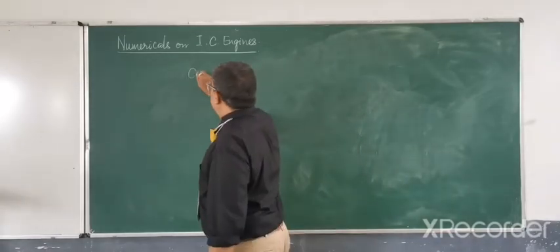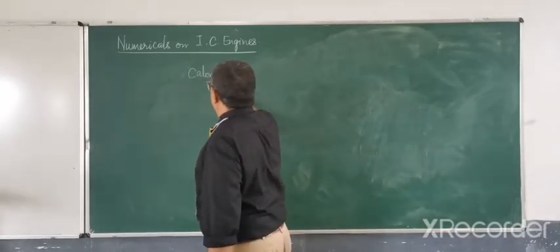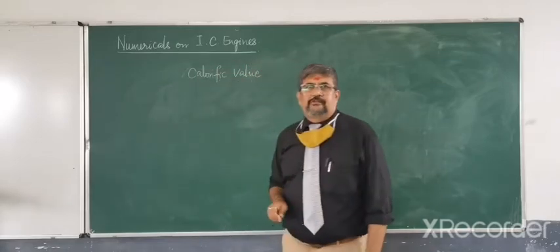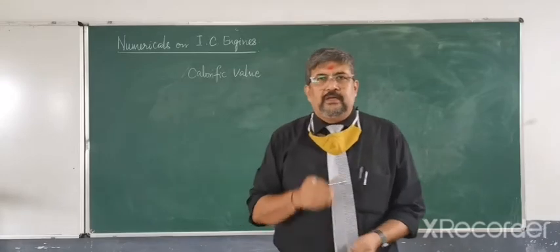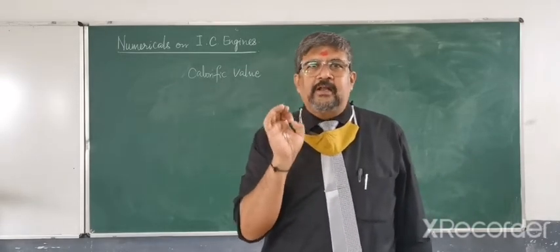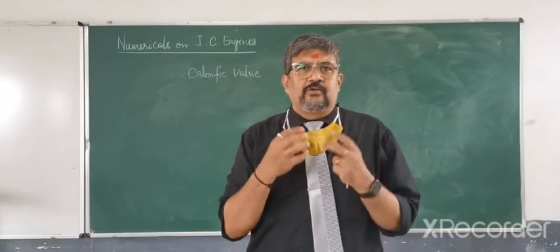One is called the calorific value. Now what do we mean by calorific value? Calorific value means, suppose I take 1 gram of fuel and burn it, how much energy it is going to release?